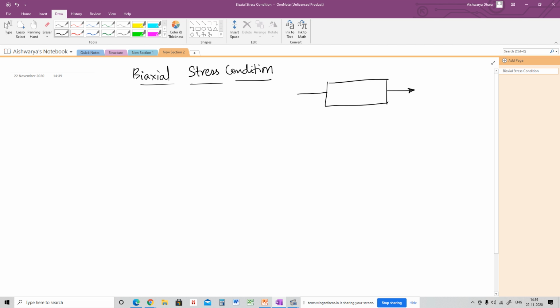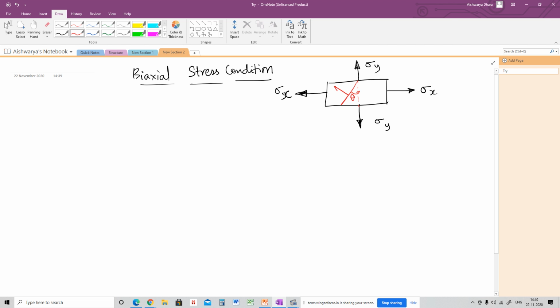Here, here, here and here. So along this side we'll take sigma x and sigma y. Now consider any particular cross section. Again we will split at some angle theta.